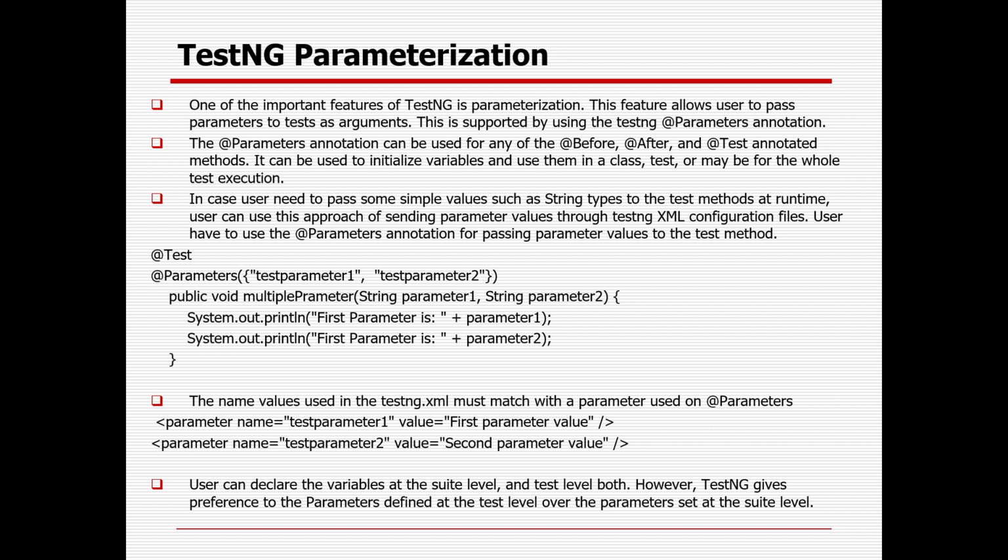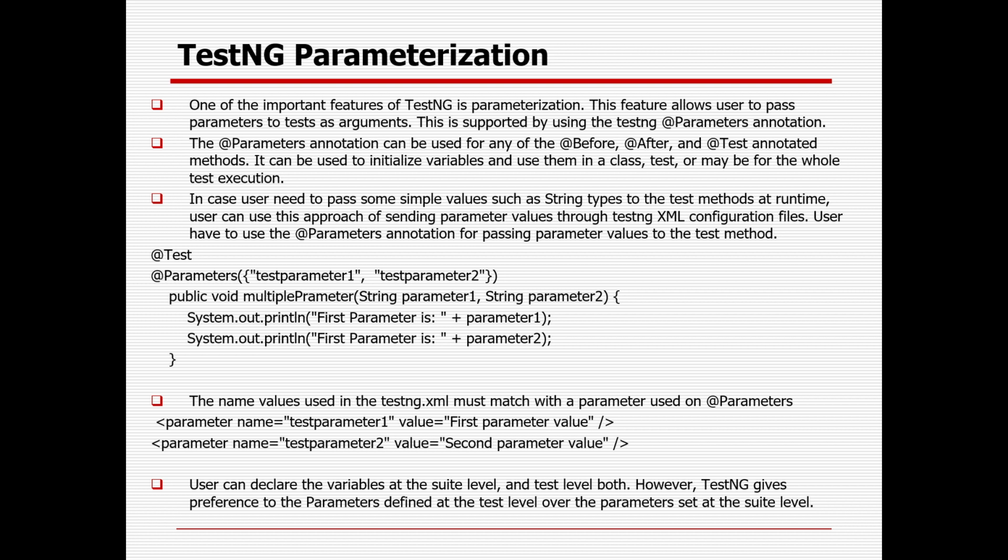This feature allows the user to pass parameters to a test as arguments. This is supported by using the Parameters annotation. The Parameters annotation can be used on any before, after, or test annotation method. It can be used to initialize variables and use them in a class, a test, or the whole test execution. It can work for integer, double, float, or string as well.